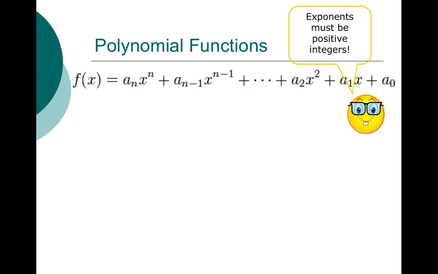To be a polynomial function, by definition, the exponents must be positive integers. I can have negative integers. I can have 0 as an exponent. That's fine. You just can't call it a polynomial. Now, you will find some books that call constant functions polynomials. We're not going to have that argument.